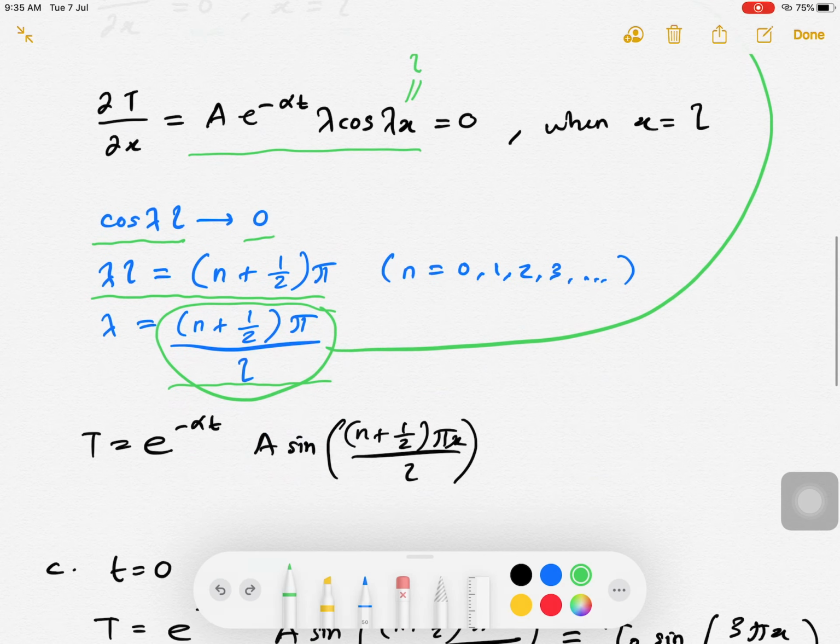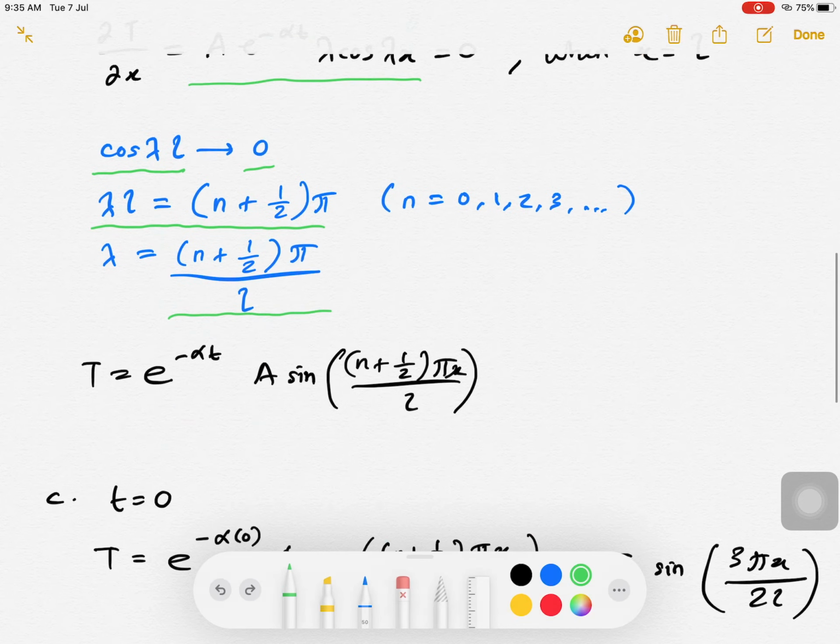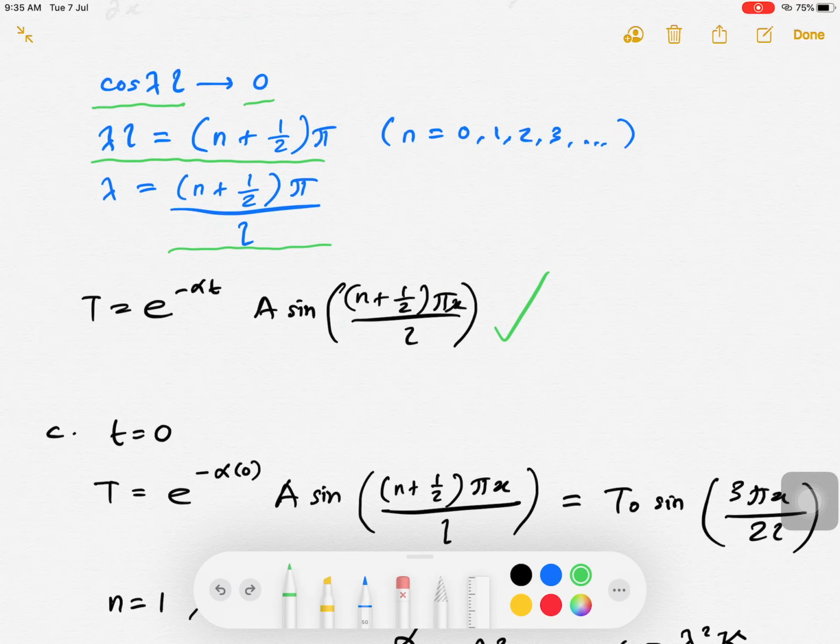Okay, and that's why we have this solution. So this is the lambda, and we have x right here. So this is the current solution that we have.